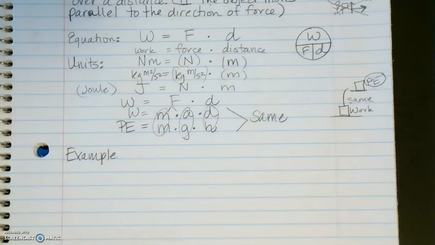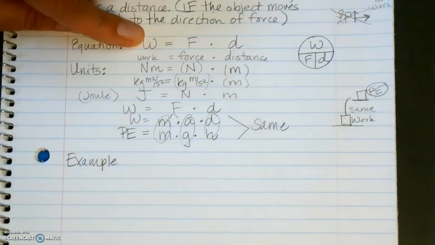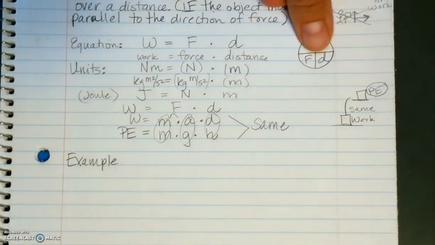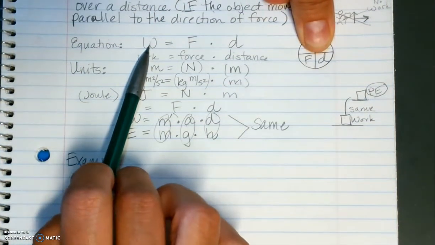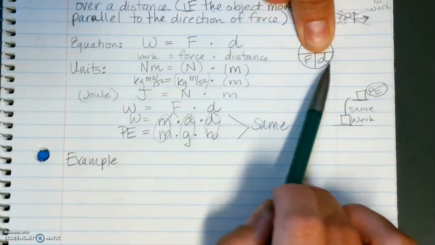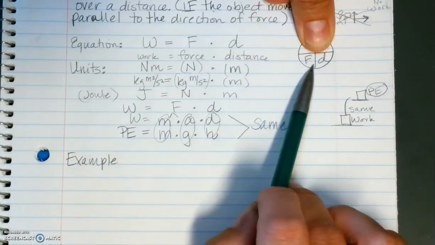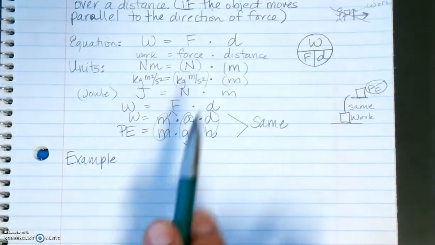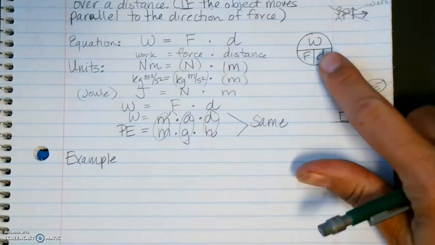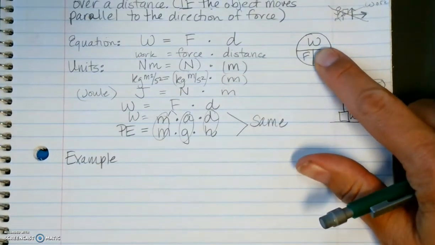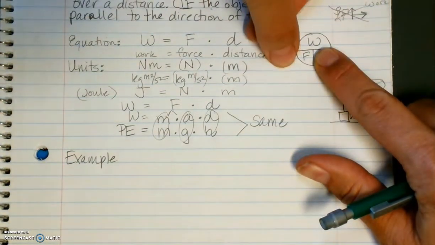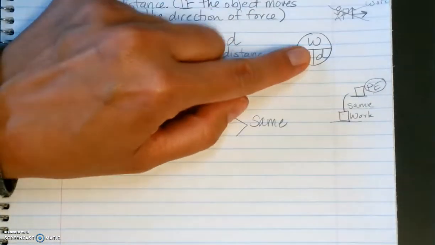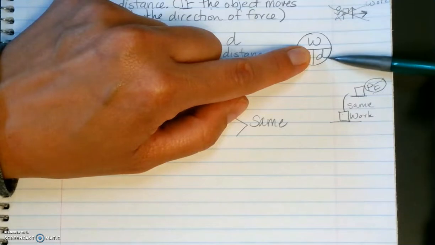As a reminder with the circle, with our standard equation, we already know work equals force times distance, but we can prove it by saying, okay, let's cover up W. If we're looking for W, we have F and D on the bottom, and they're next to each other, so F times D equals work, or W. If we're looking for distance, we cover up D and get W on top of F, so work divided by force. And if we're looking for force, we get work divided by distance.